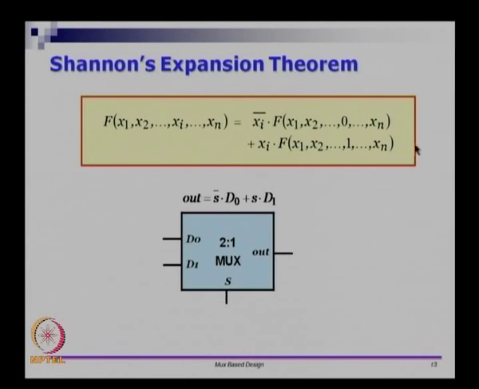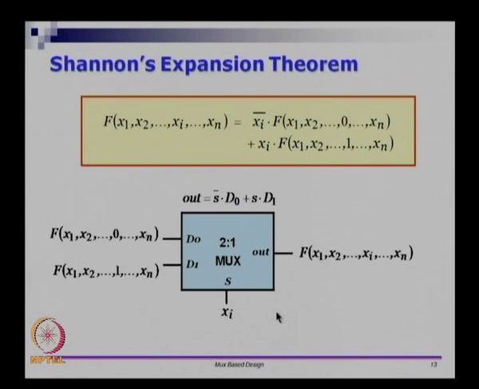If you write it in this form, then you can write the output as select bar into d0 plus select into d1, that is a 2 to 1 mux. What you can do is you put xi as the select line and put f of x1, x2 and so on with a 0 substituted for xi in xn, and f of x1, x2 and so on, with 1 substituting for xi in xn, give that as your inputs d0 and d1, and that will give you the function f of x1, x2 up to xi and xn.